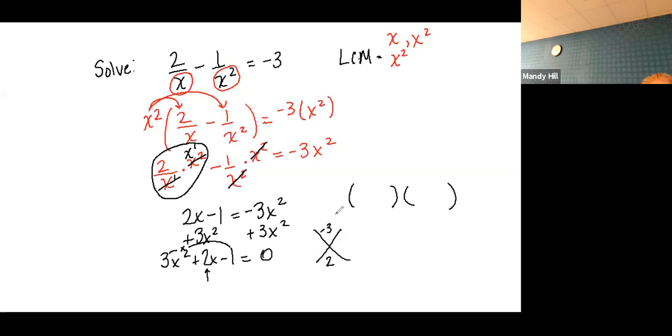So we want two numbers that multiply to -3 and add to 2. Well, those two numbers are going to be 3 and -1. Now remember that we're not done here because we've got this number in the front and we need to divide by that number, and then reduce our fractions.